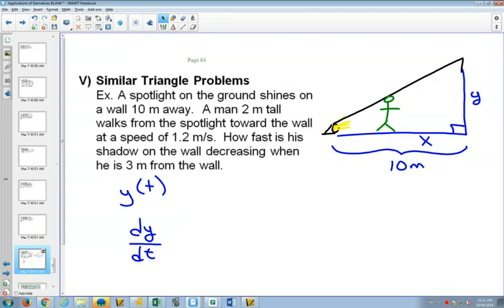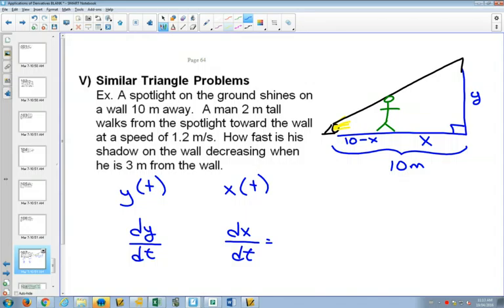If I put x there, that means this will be 10 minus x, because the whole length is 10. So now we know that x is also going to be a function of time. And this is why it was really important for us to decide where x is going to be. Because what's happening to x?